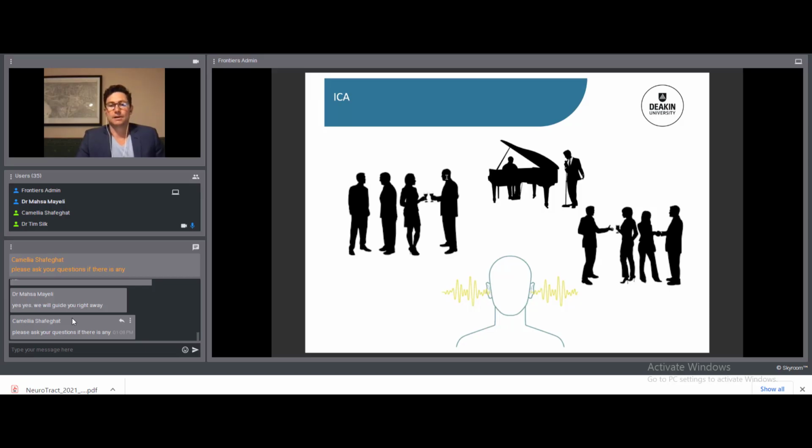This scenario gives an example of when you're in a cocktail party type atmosphere, and you have a lot of signals coming into your brain to process, even if just thinking about the auditory sense. You've got your piano player there and your singer, you've got different groups of people having different conversations.